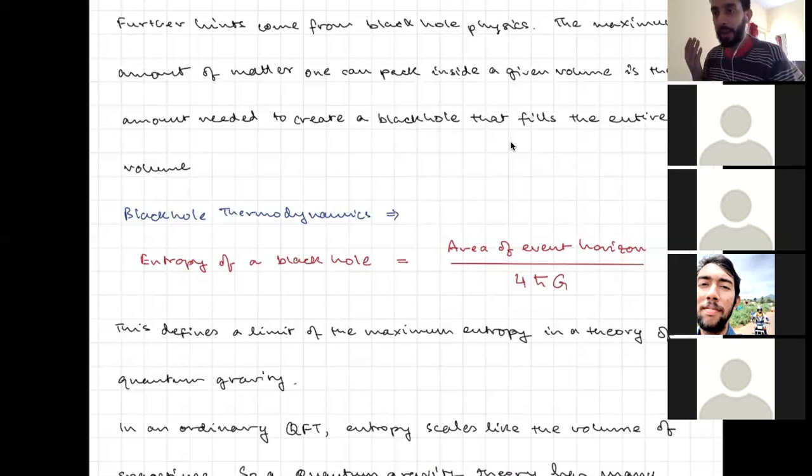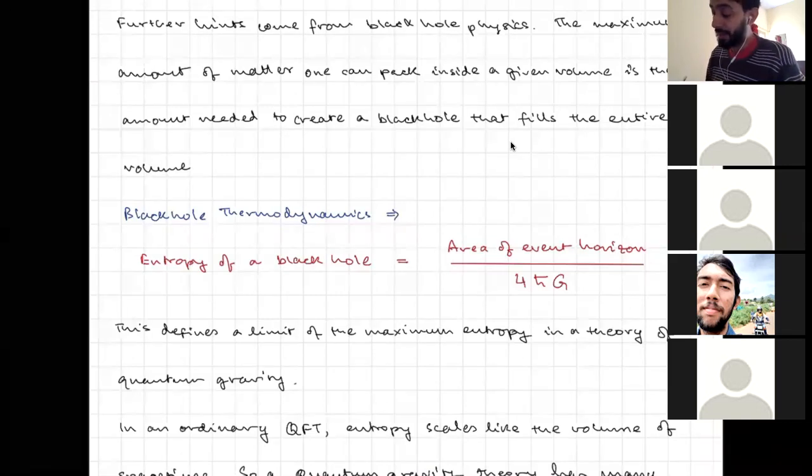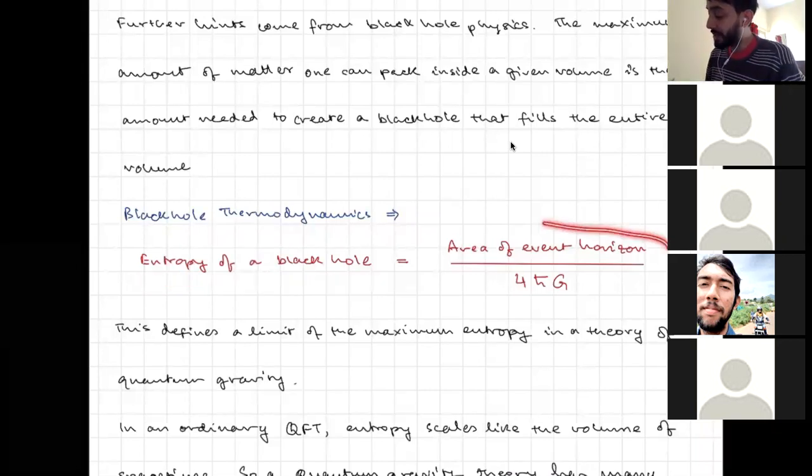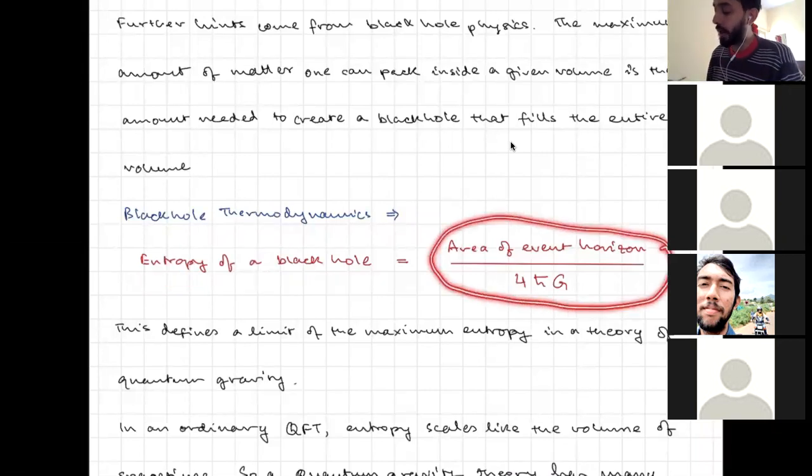If you go to black hole thermodynamics, there is something that was proved by Hawking and Penrose, and this was the fact that the entropy of a black hole is equal to its area.